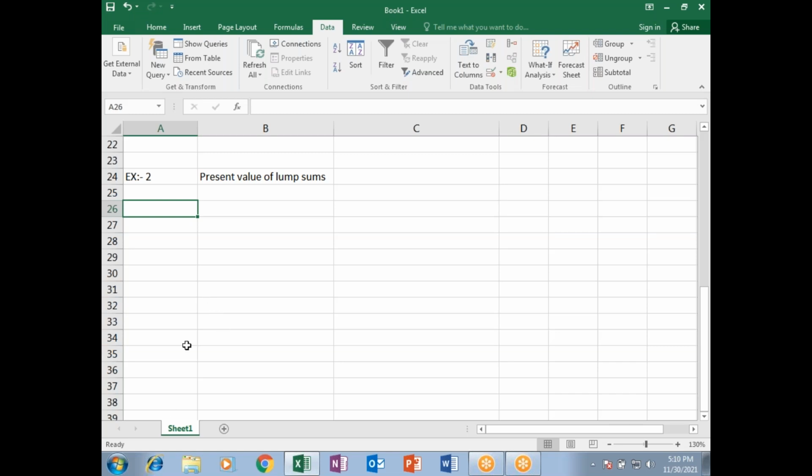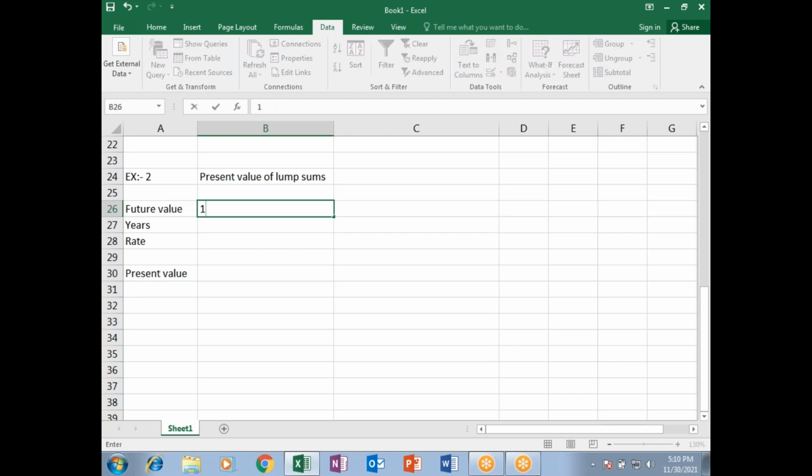Now think that I'll have a future value of 1 lakh, for 18 years at 8%. I want to find out the present value, equals PV.